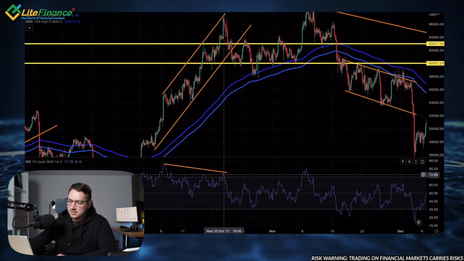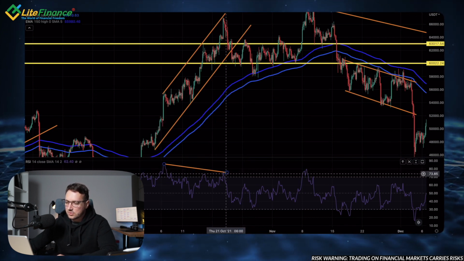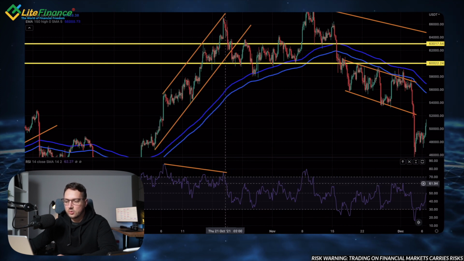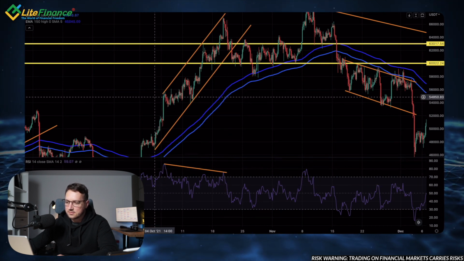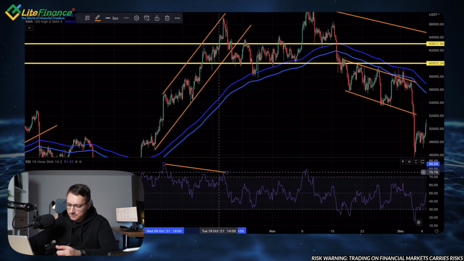So we can see basically that the price is moving to the upside, but the highs on the RSI are lower than the previous one. So basically it is a divergence.